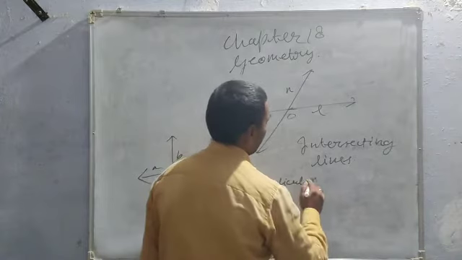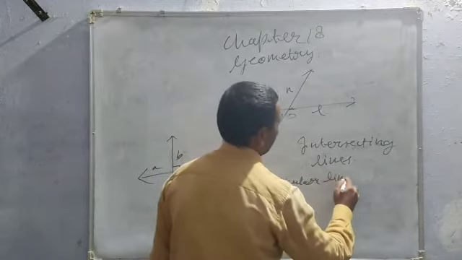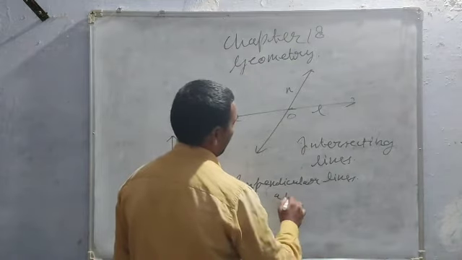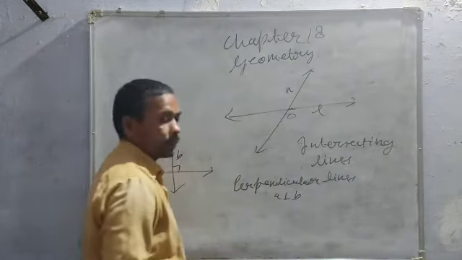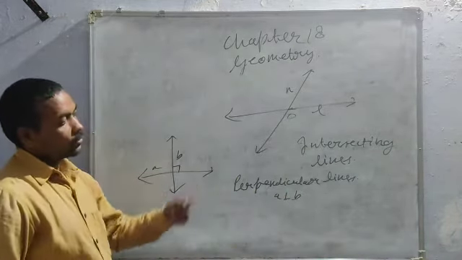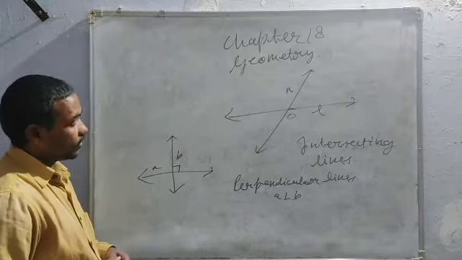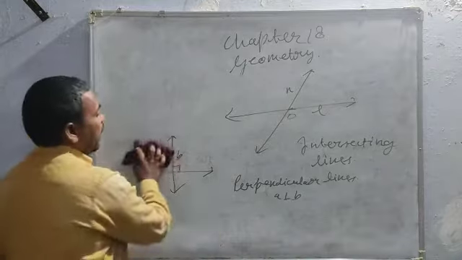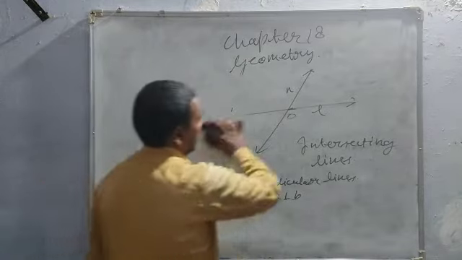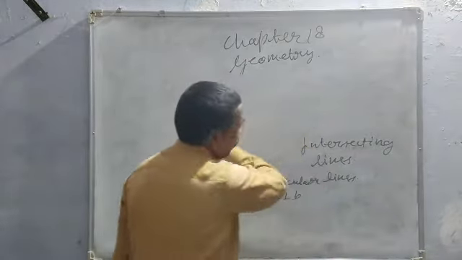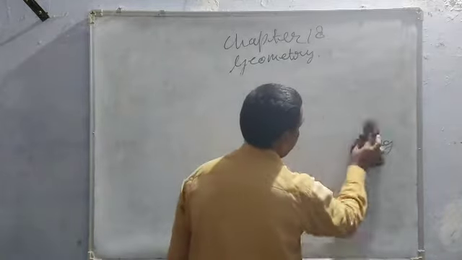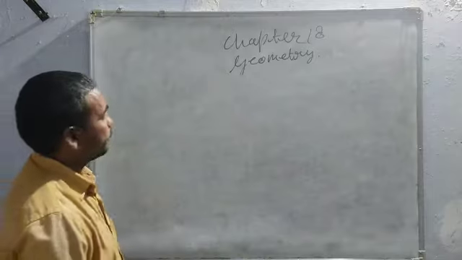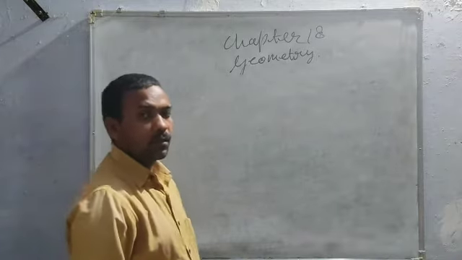This can be written as line A is perpendicular to line B. So this was intersecting and perpendicular lines, and after that, the lines which never intersect are known as parallel lines.